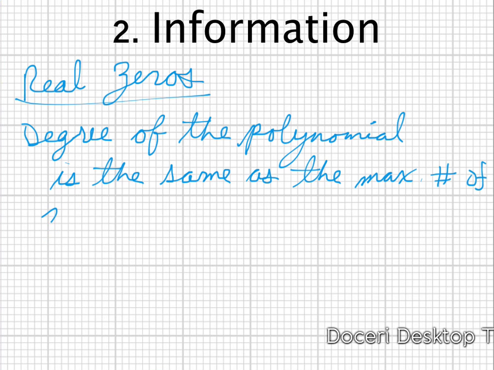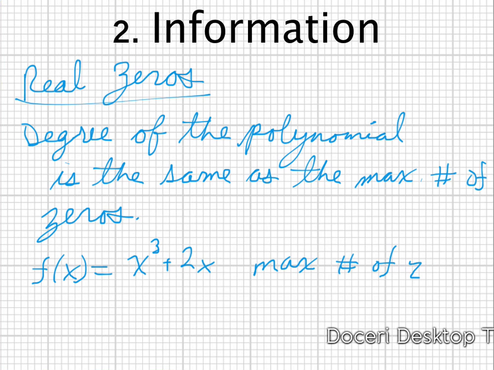Okay, so let's say we have x cubed plus 2x as my function. My max number of zeros is 3 because the degree is the same.